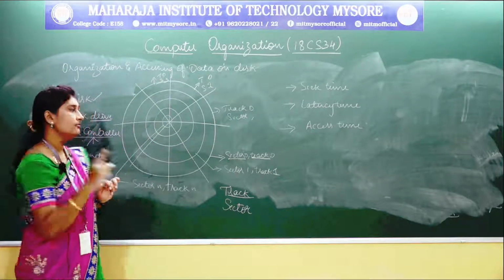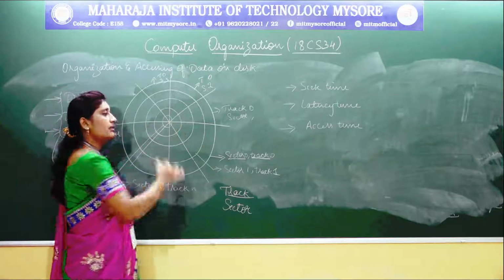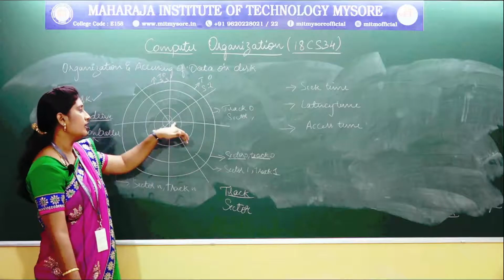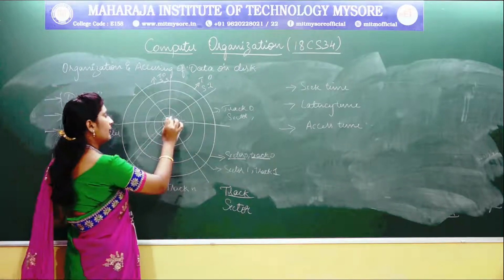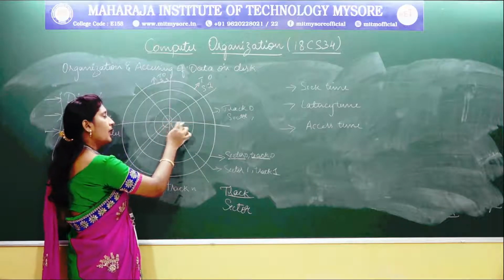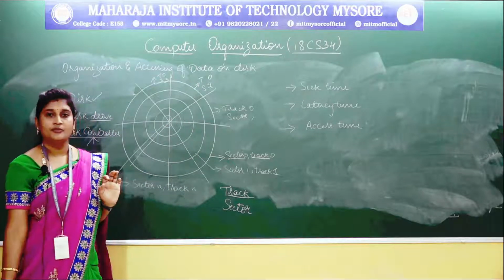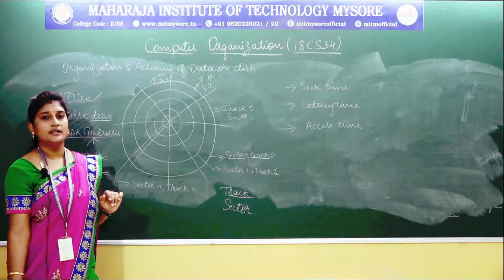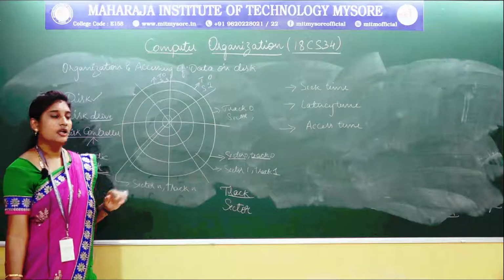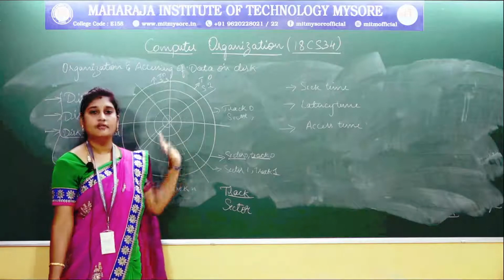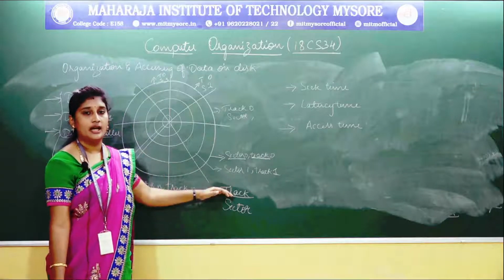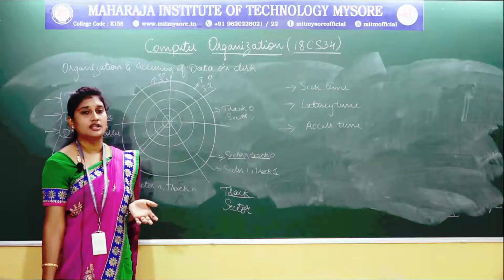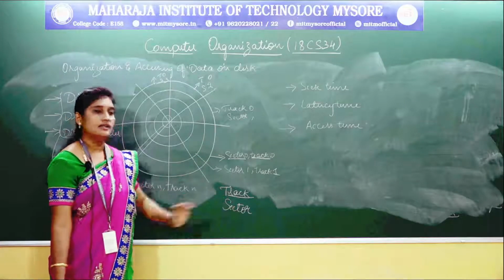Fine. Now the read write head, which is in close proximity to the disk surface, can write or read data from a particular track and a particular sector. So this is how the organization of the disk platters is done. It is divided into several concentric rings called tracks, and each track is divided into sections called sectors.